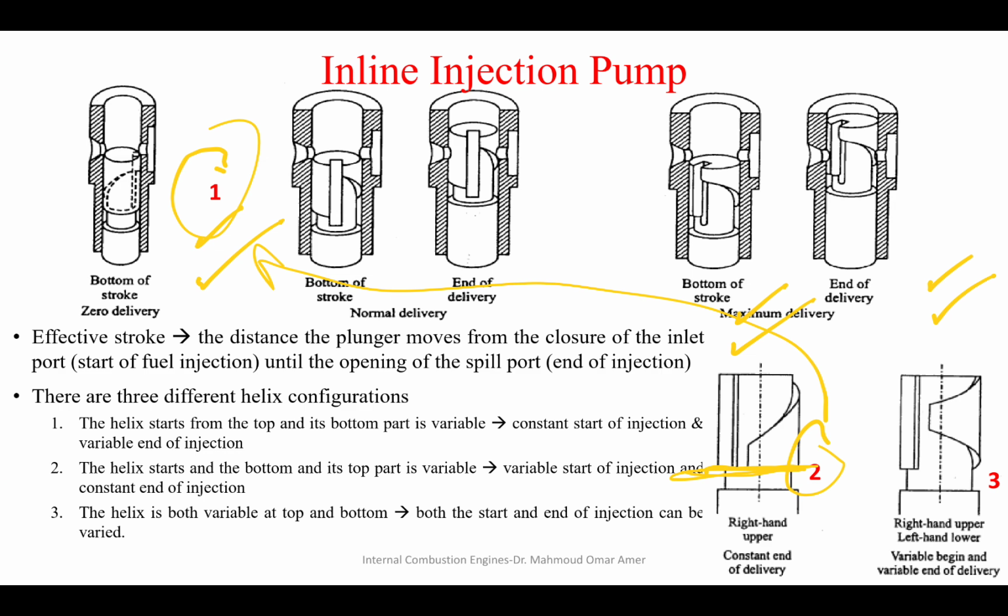You can't replace them for the same engine. If you replace the plunger shape, you will have to recalibrate the engine. Okay, because changing any of these shapes will change either the start or the end or both the start and end of injection.